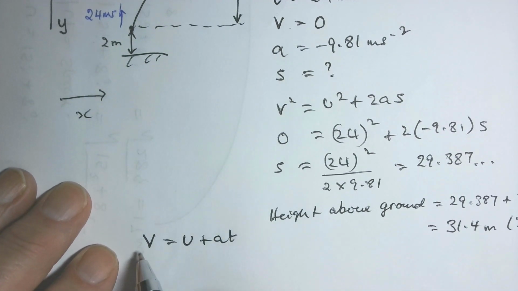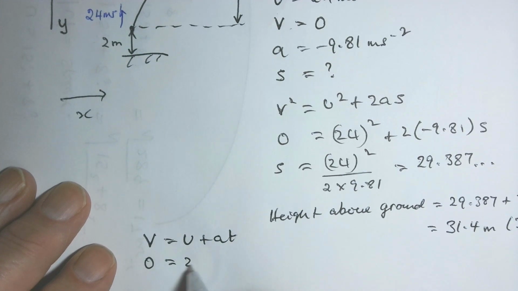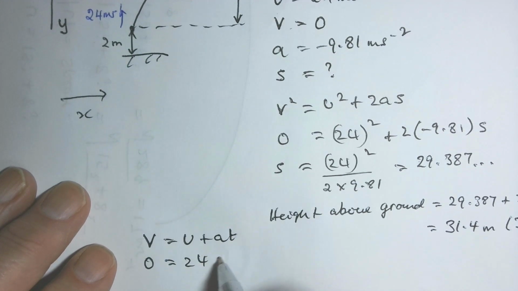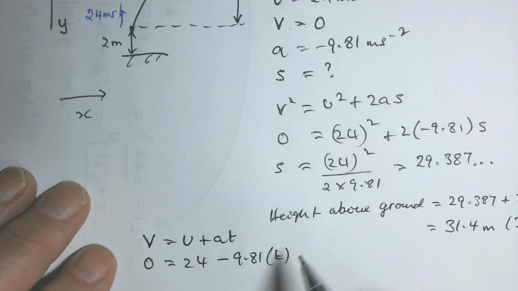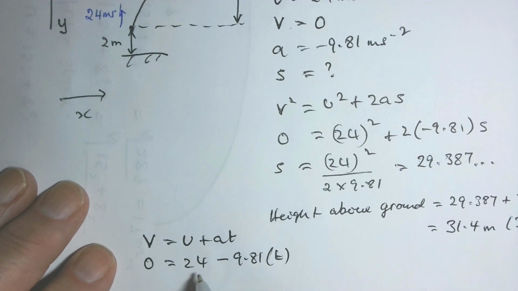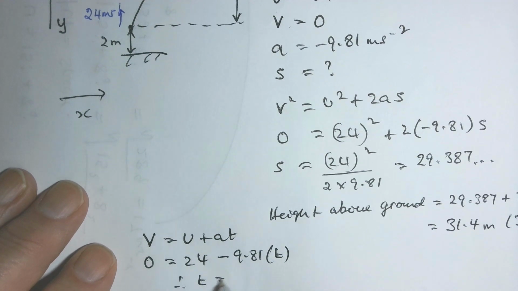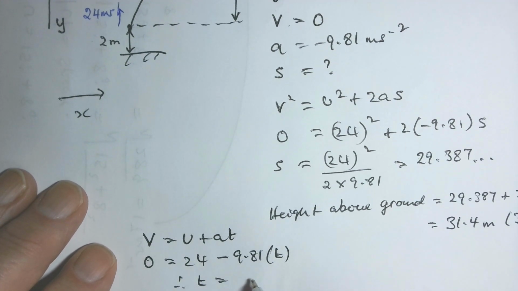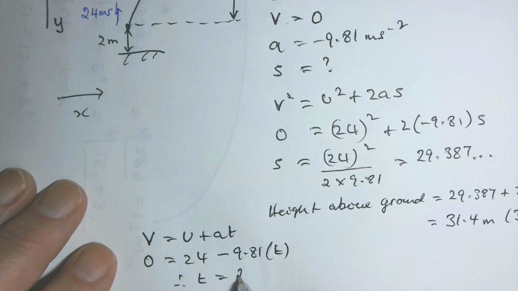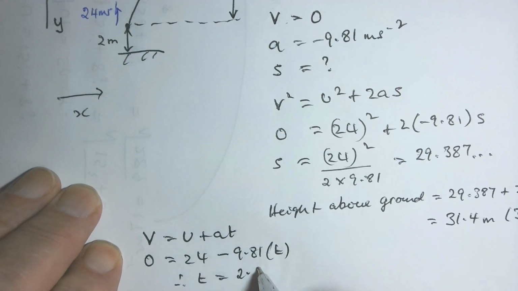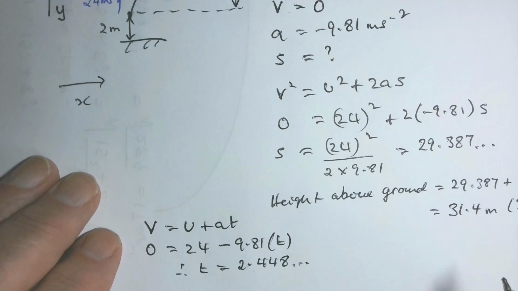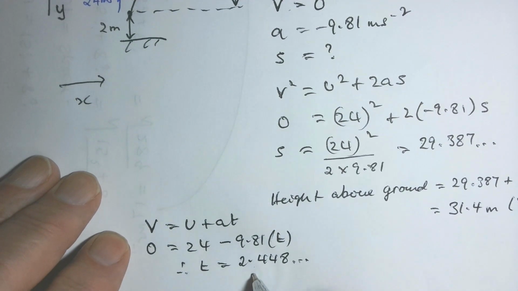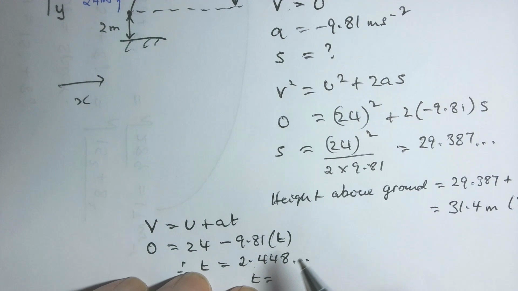So we have that v is 0, u is 24, a is minus 9.81, and we've got t. So t equals 24 over 9.81, which is 2.448, etc., which I'll write down as t equals 2.45.